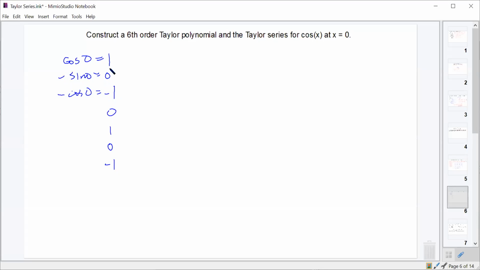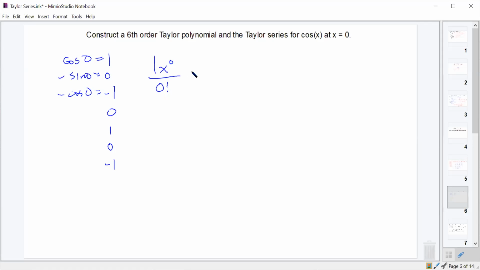And so the first one should have been 1 times x to the 0 over 0 factorial. And just again, I'll remind you, 0 factorial is 1. That's how it's defined.